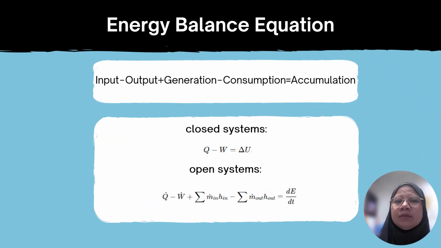The general energy balance equation can be written as input minus output plus generation minus consumption equals accumulation. There are two types of systems, which are written differently.